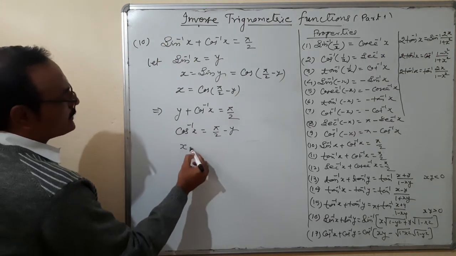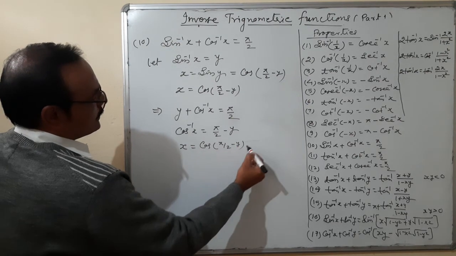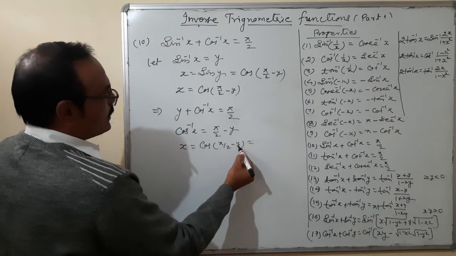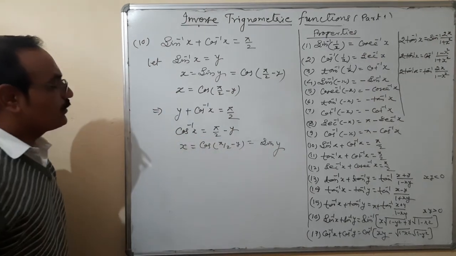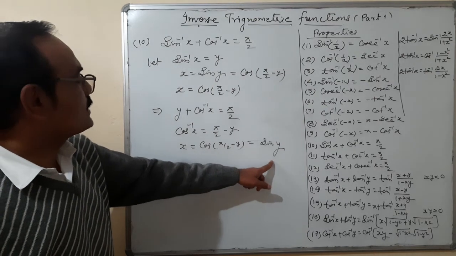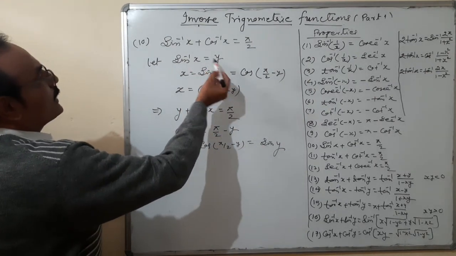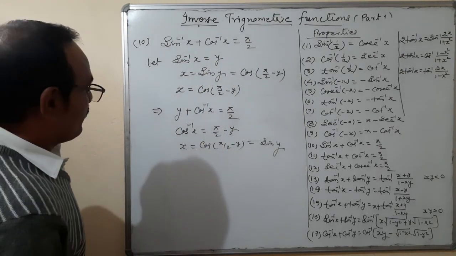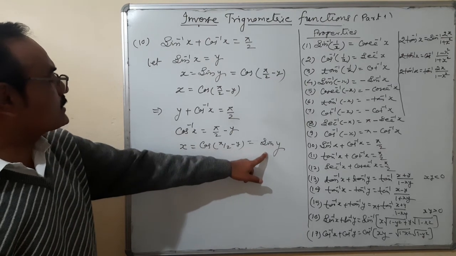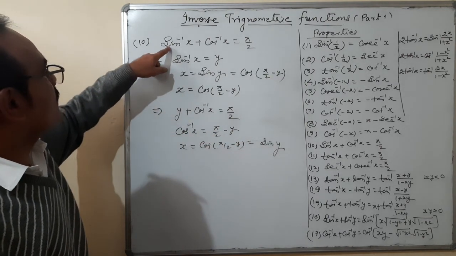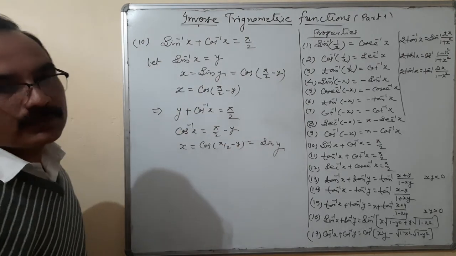So x is equal to cos of pi by 2 minus y. That means cos of 90 minus theta is sine y. x is equal to sine y. This is the proof: x is equal to sine y, and I have put sine inverse x is equal to y plus cos inverse x.